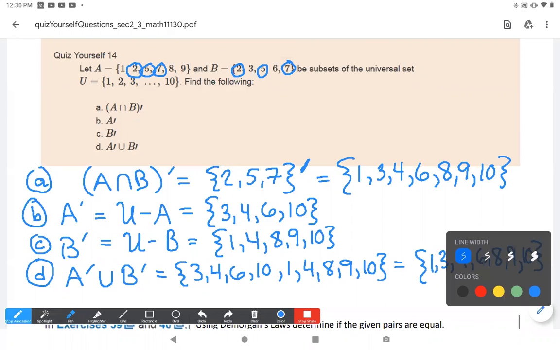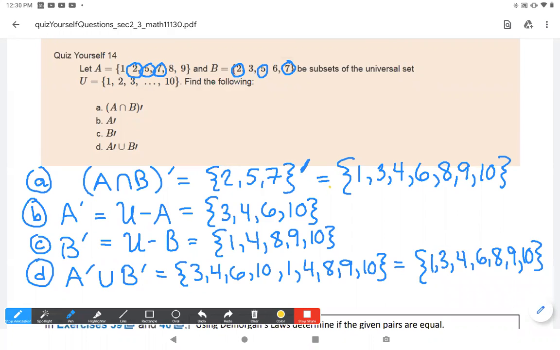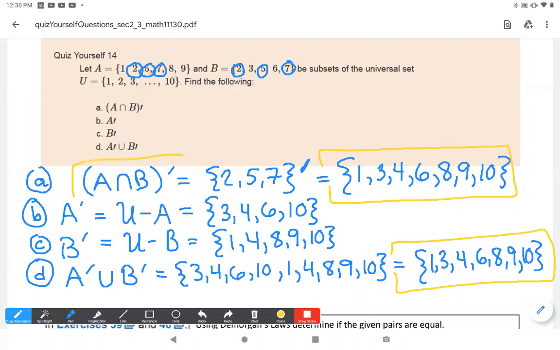And from here, we learn what's called De Morgan's laws. De Morgan's laws show us this fact right here: when we intersect two sets and then take the complement, that's the same result as if we took the complements of those sets first and then found the union.